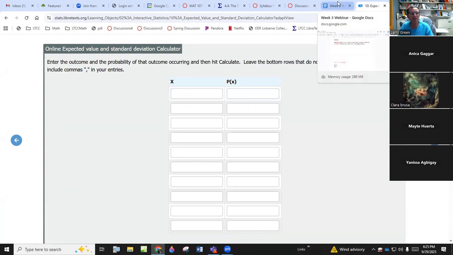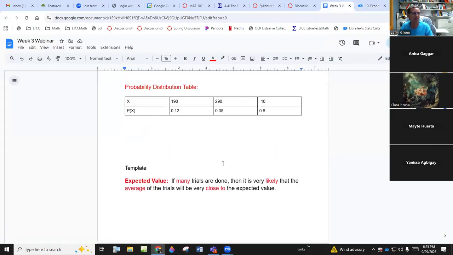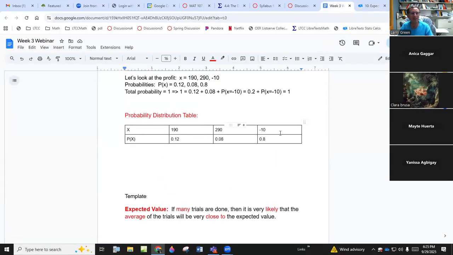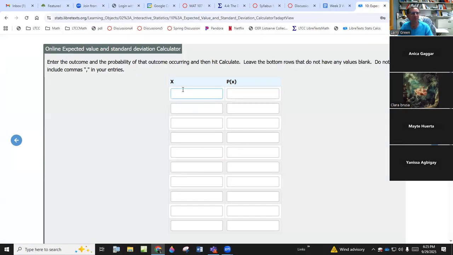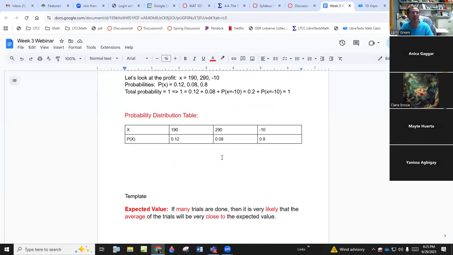So then we just put in the numbers. We go up, we have a table. The x's are 190, 290, and negative 10. The probabilities were 0.12, 0.08, and 0.8.